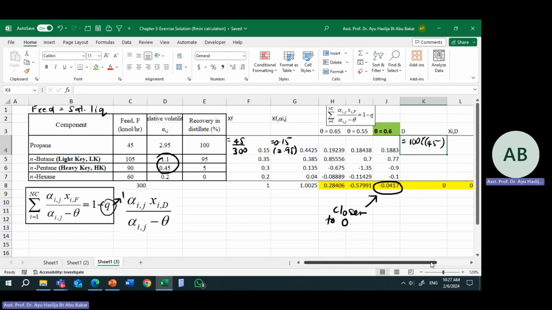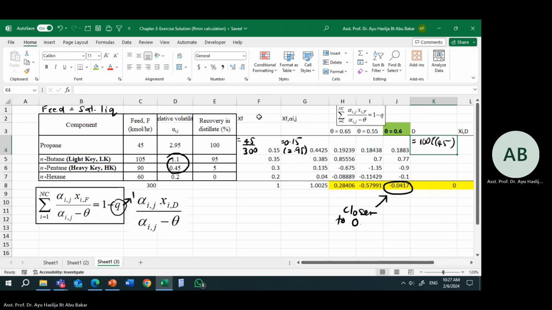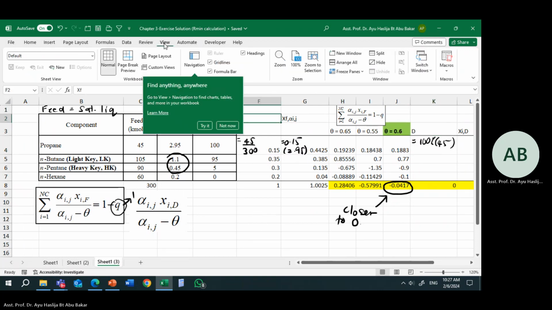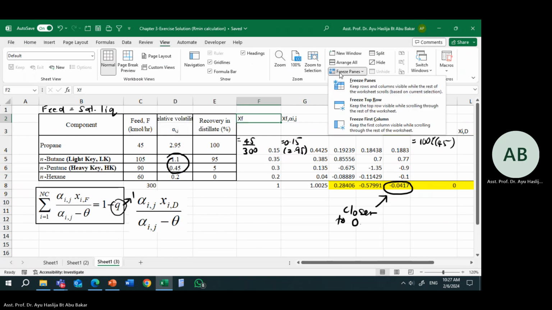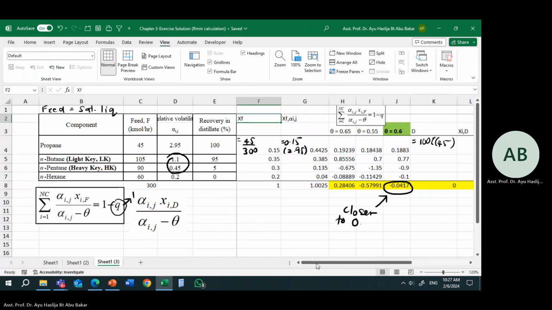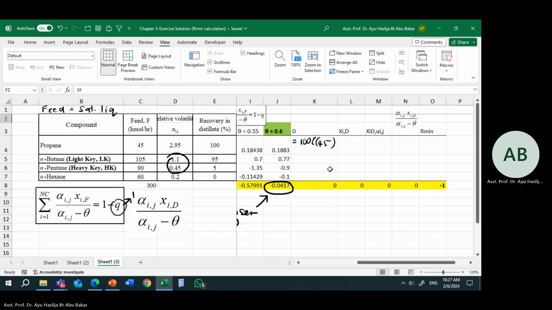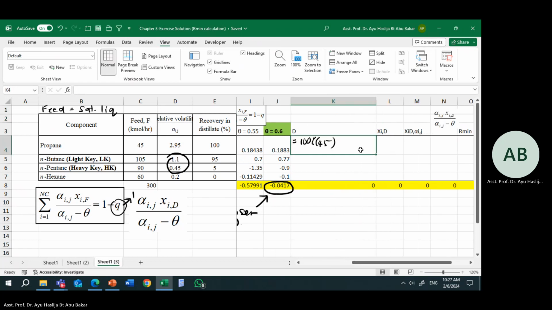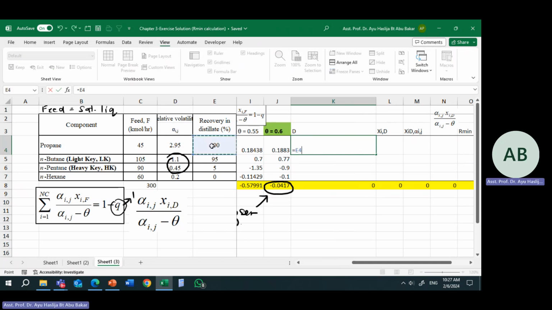So here the distillate is recovery multiplied by the feed.